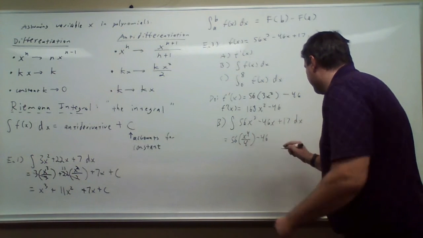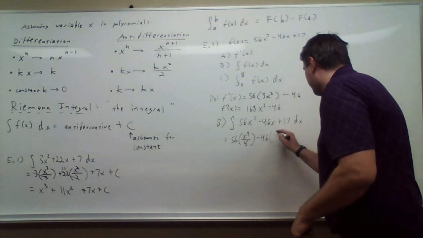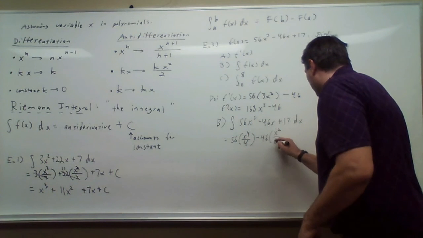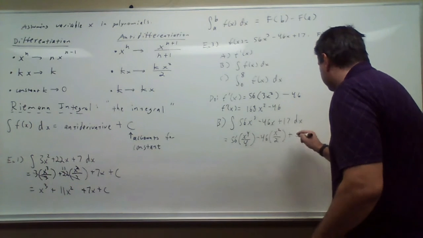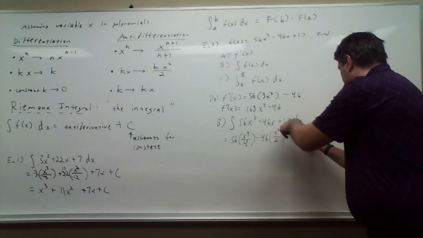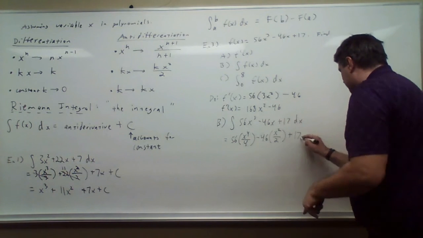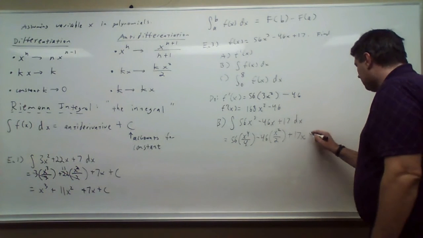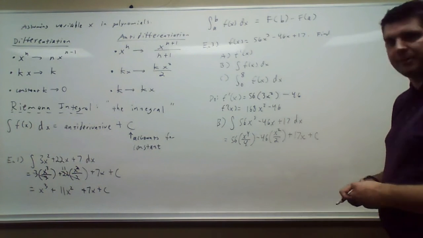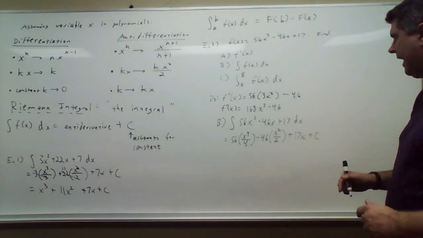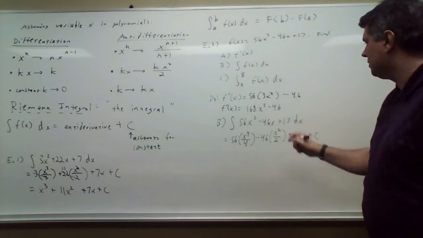Minus 46, we go from x to the first to x squared over 2, plus 17x, the antiderivative of a constant with respect to x, the constant times x, plus c to account for the arbitrary constant, because it's an indefinite integral.